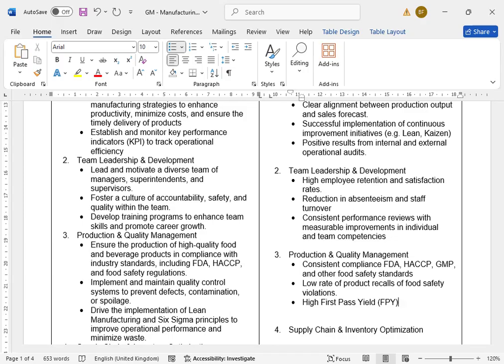So they will record this, they will rate it, whether you're consistently having a good FPY. Because you're saving some cost if you are able to produce without failure, without rejection, and reduction in defects or rework.